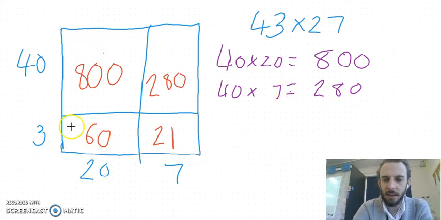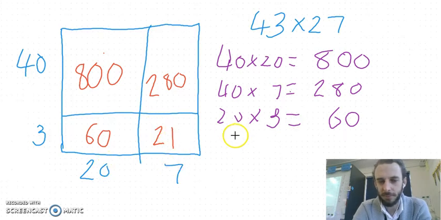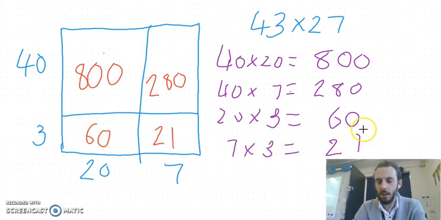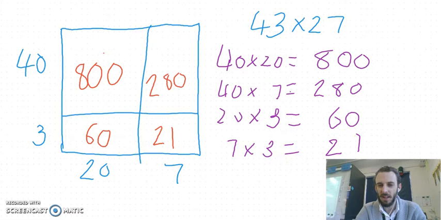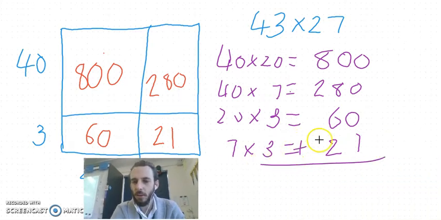Then we did 20 times 3, which is 60. And then we did, of course, 7 times 3, which gave us 21. Let me drag my face out of the way here. So to find the answer, all we do is simply add all this together.